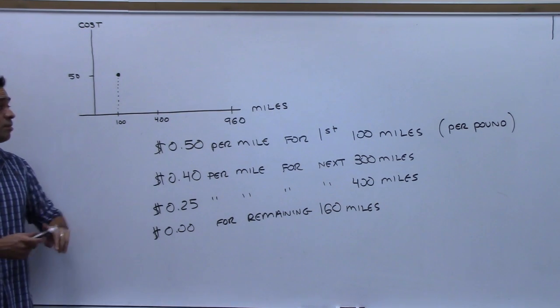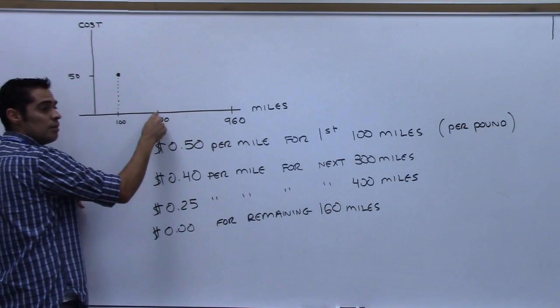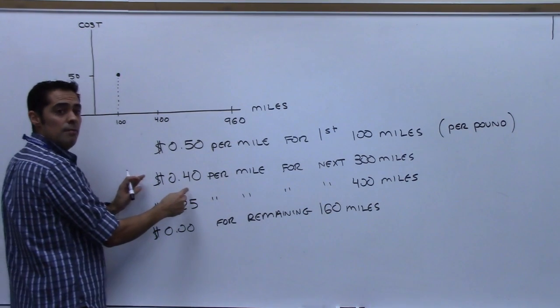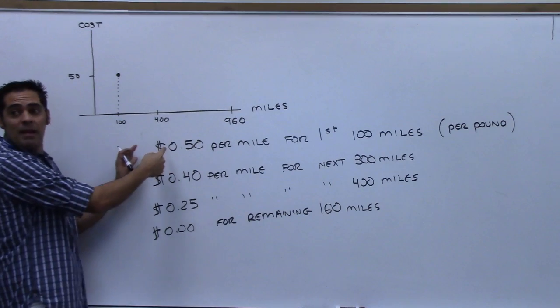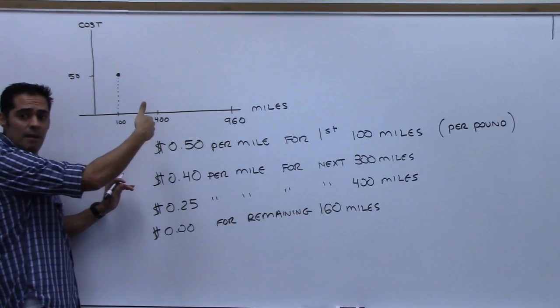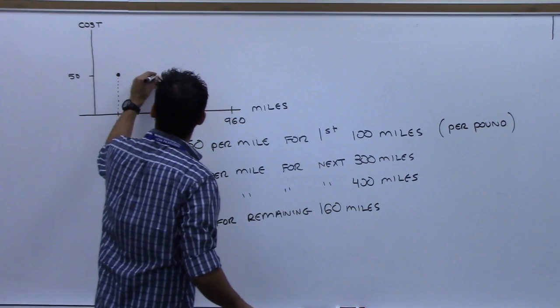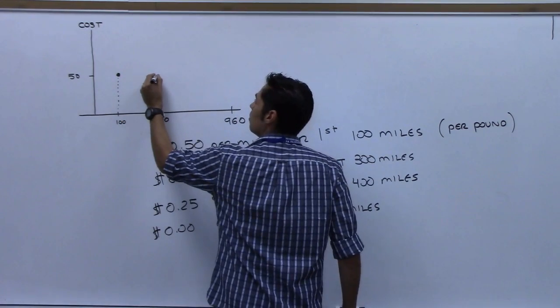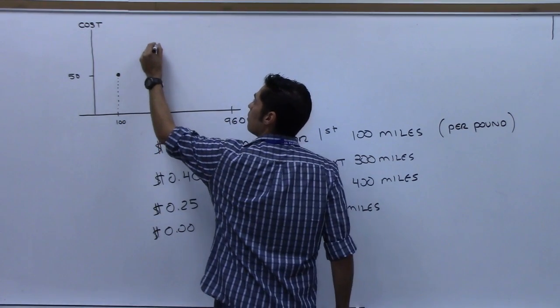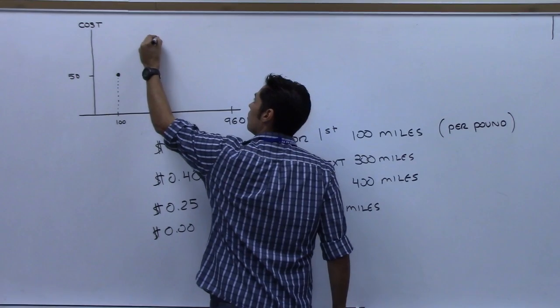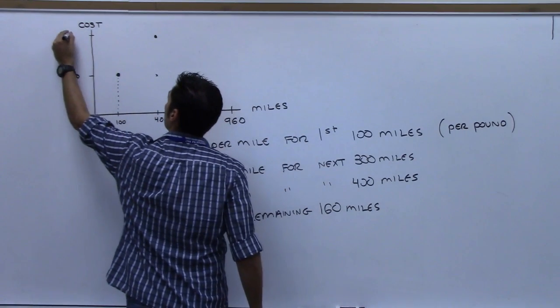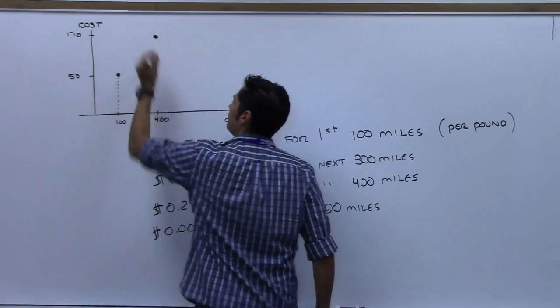So how do we want to do this? When we get to 400 miles, we know that we're going to pay this much more, but we already paid 50. So you want to tack it on top? Yeah. So it'll be the 50 we started with, but add 120, which would put us where? 170. 170? Understand?